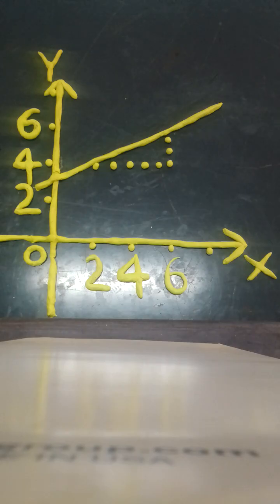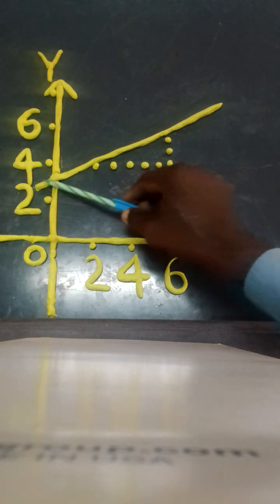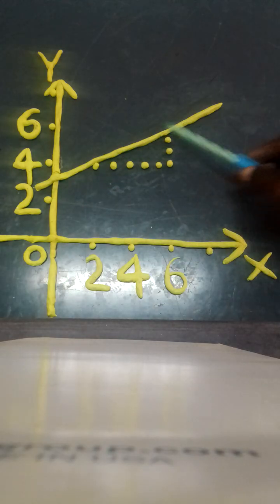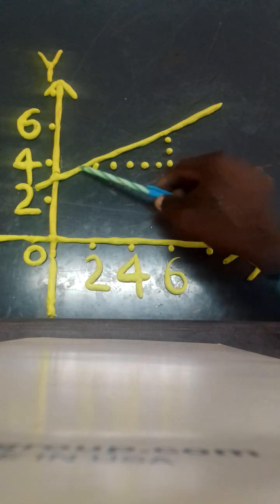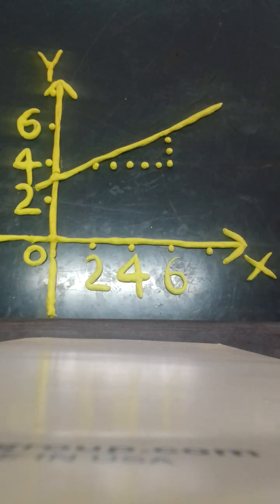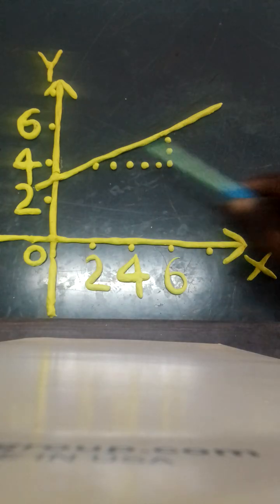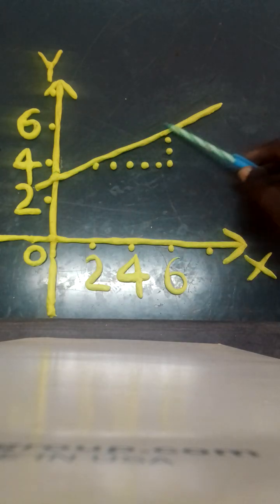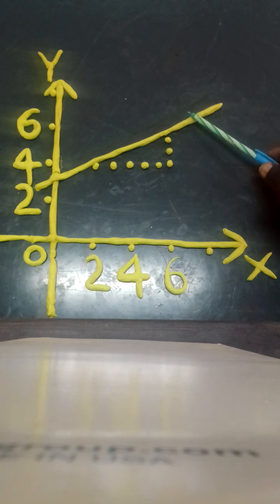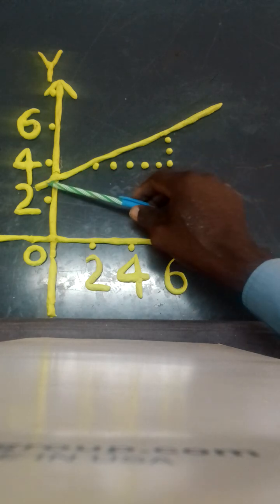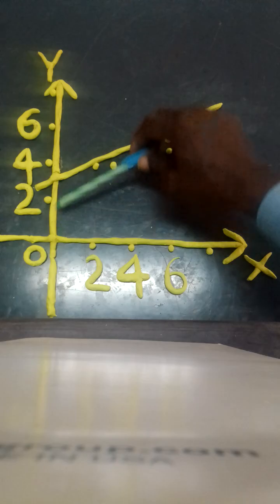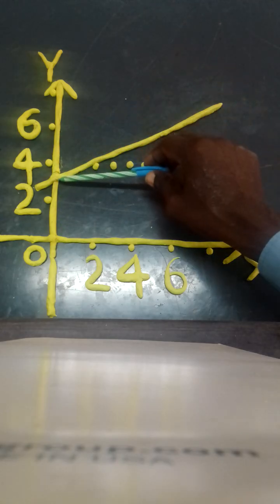Let us proceed. Now we have this line, which is drawn on this Cartesian coordinate plane, and this is a straight line. This straight line crosses the y-axis at this point.